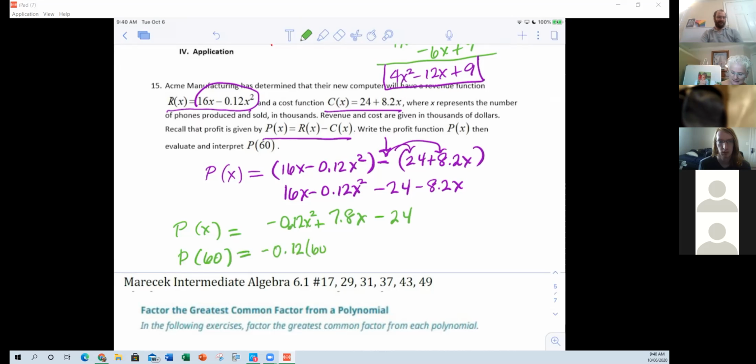Yes. Into the variable. So that would be 12, or I'm sorry, 0.12. Well, you'd have to work it out, but whatever the result is. Right. So you're going to take that 60 and put it in everywhere you have an x. Right. Okay. Minus 24. Yeah, I need a calculator for that. Me too.